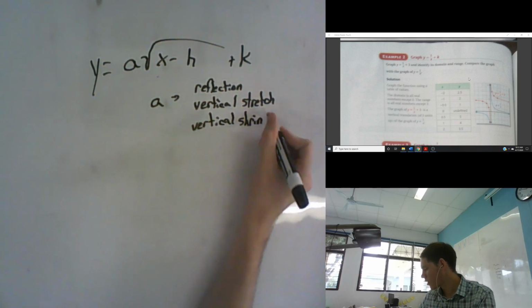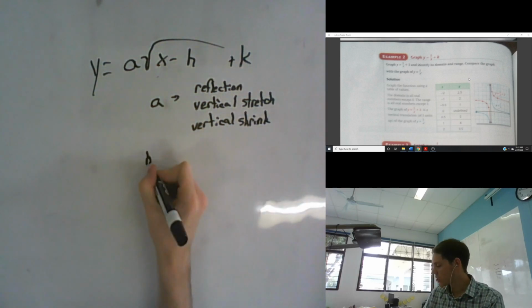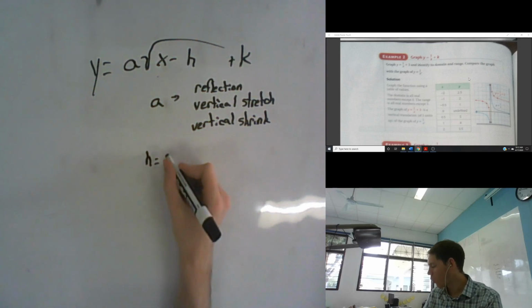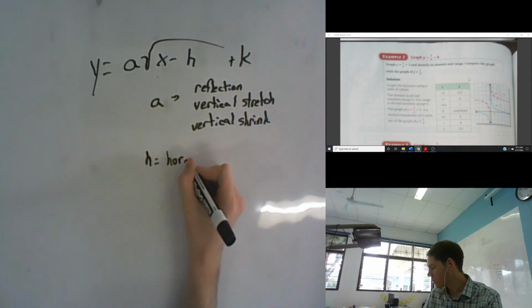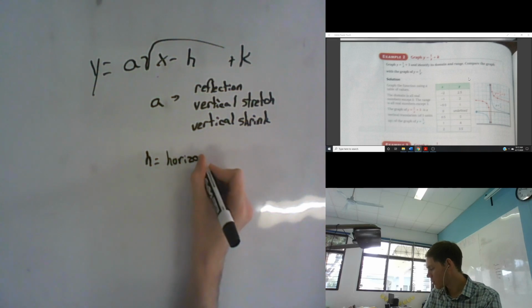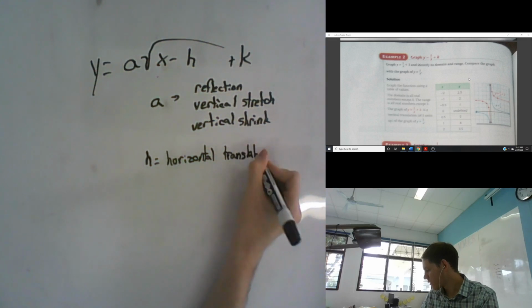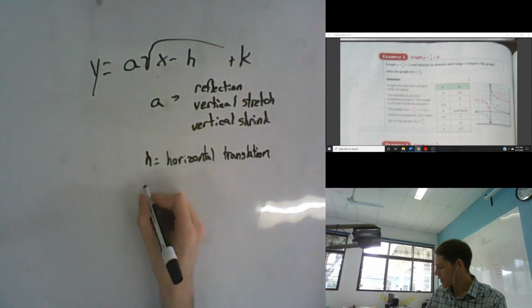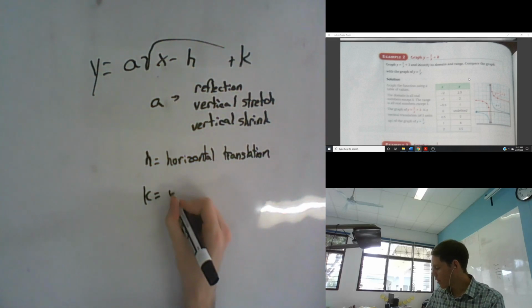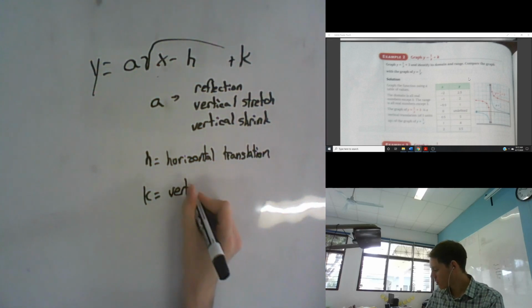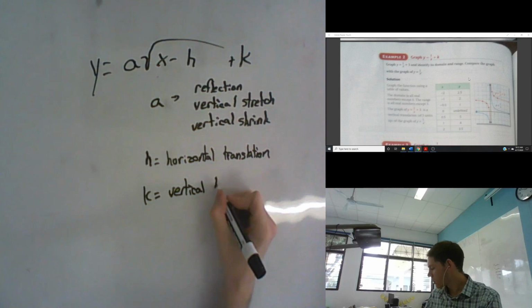H was our horizontal translation. And k was our vertical translation.